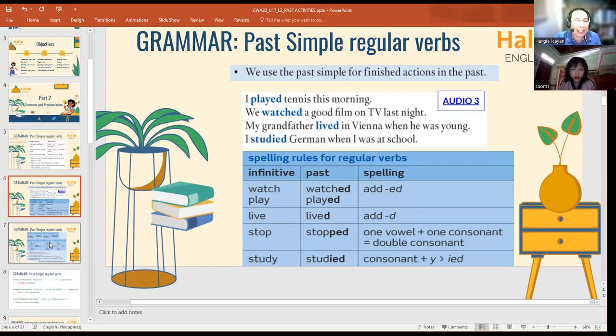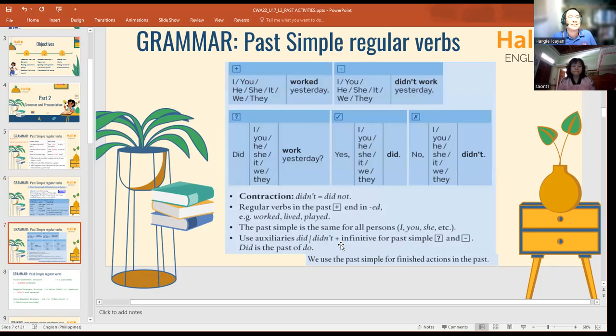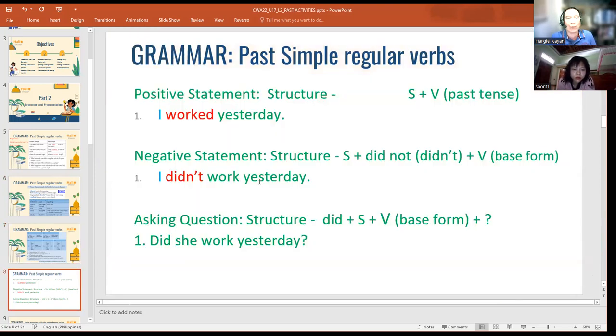Then we also have these particular rules in forming the past simple regular verbs: positive statement and negative statement. I prepared them here. What would be our structure? It's going to be subject plus verb in the past tense.